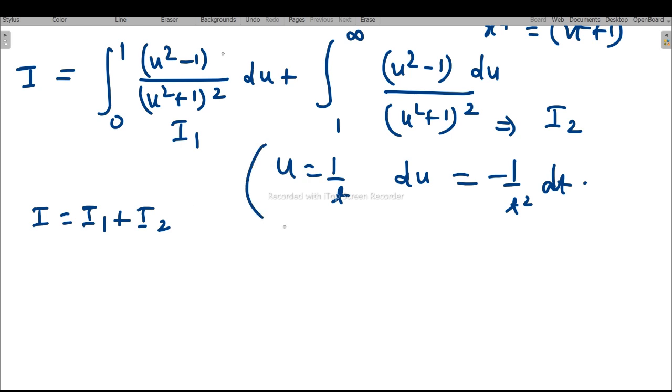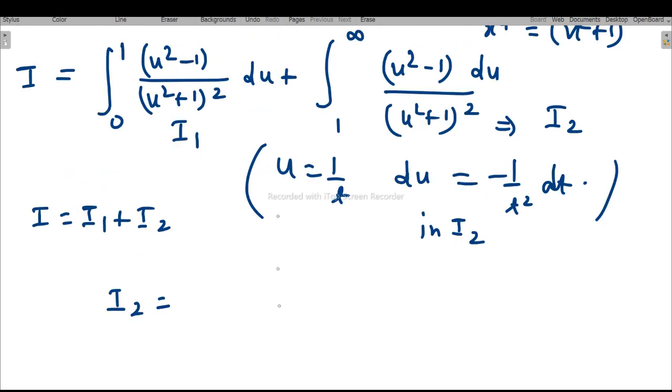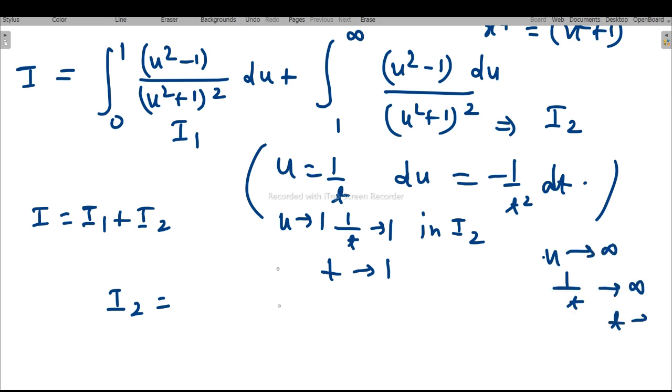Now we substitute in I2: u equals 1 over t, and differentiating with respect to t, du is minus 1 over t square dt. As u tends to 1, 1 over t tends to 1, and this implies t tends to 1. If u tends to infinity, 1 over t tends to infinity, and this implies t tends to 0.